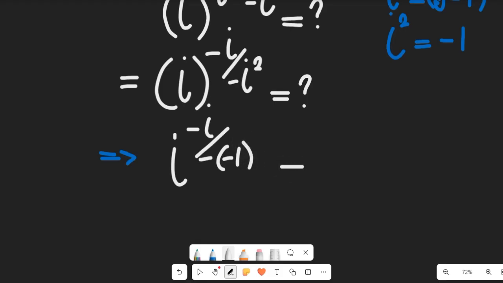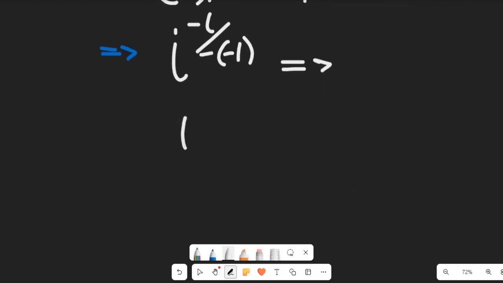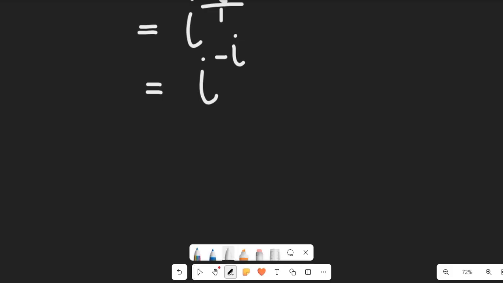And that expression will give me the solution i to the power of negative i divided by 1, which is simply i to the power of negative i. That's all. So finally the ith root of i can simply give us the value i to the power of negative i.